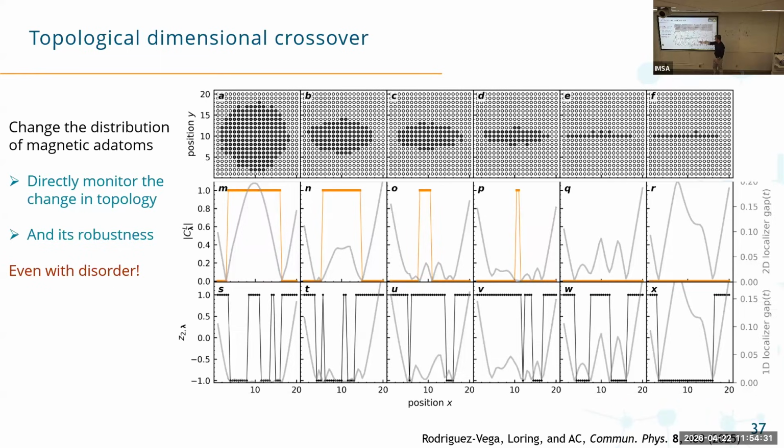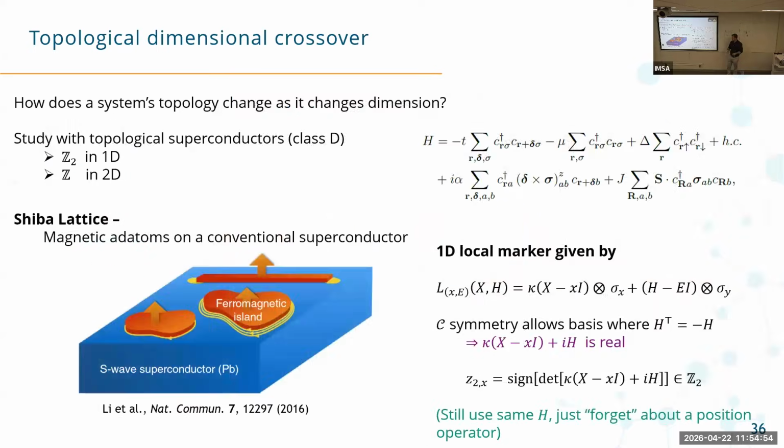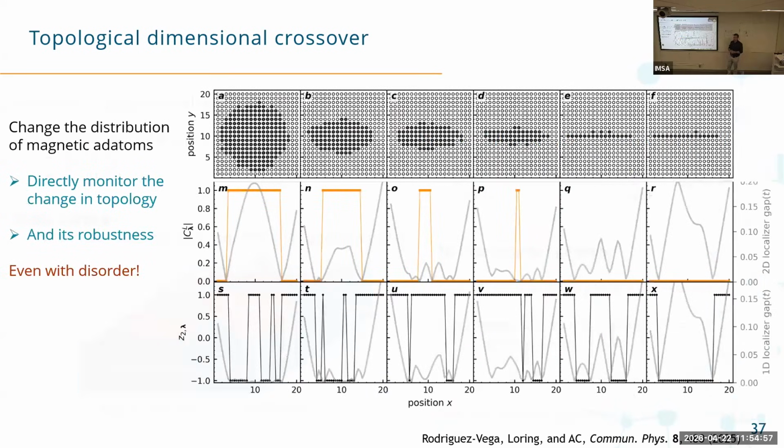And we can see the transition from Chern topology to trivial Chern topology when the material basically becomes 1D, but the manifestation of robust 1D topology through this whole thing. Because we have this local invariant, we can just directly look at dimensional reduction by simultaneously probing both forms of topology as we do this material reconfiguration.